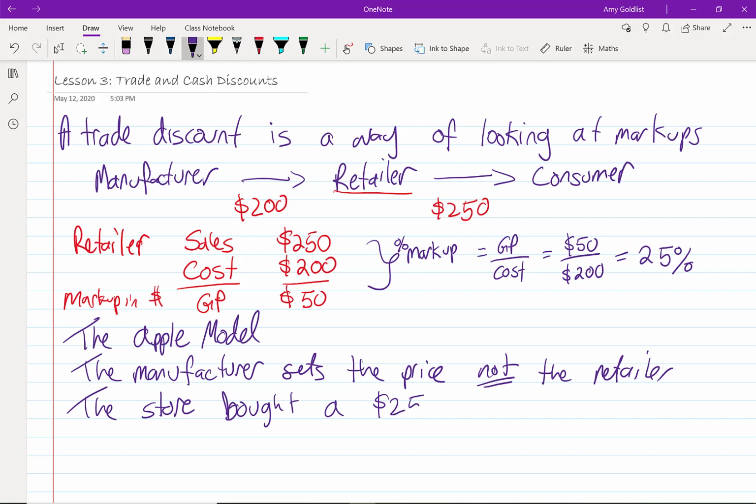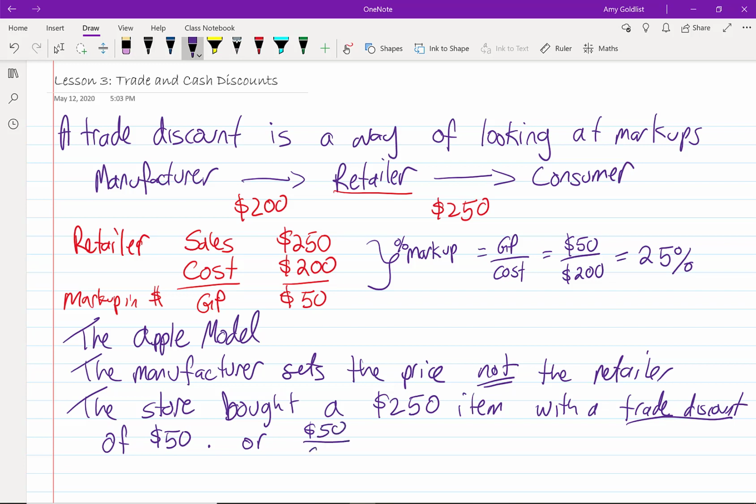They bought a $250 item with a discount. And I'm going to call this a trade discount because that's the discount for being a retailer, of $50. So they had a $50 discount. And that's going to be what percent? That would be $50 over $250. That's a 20% discount. So they bought that $250 item at a discount.